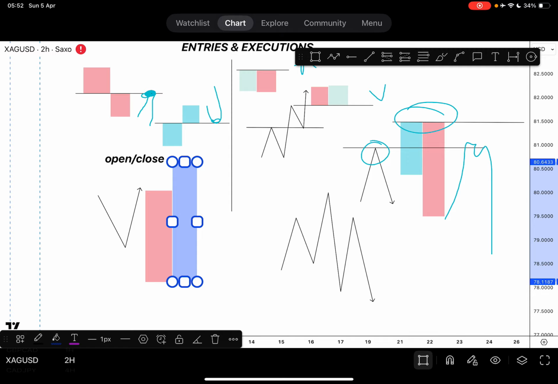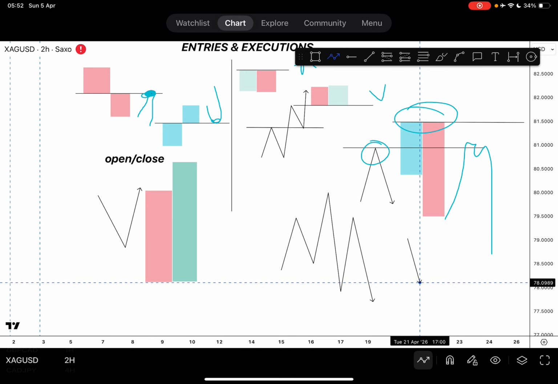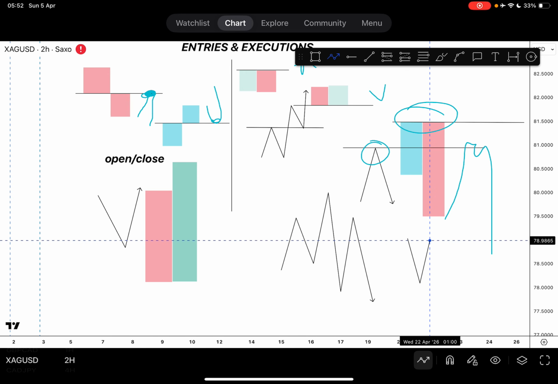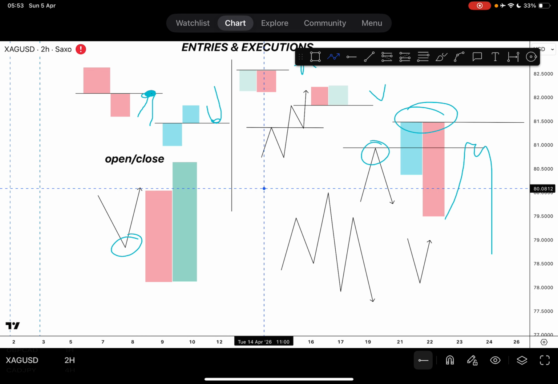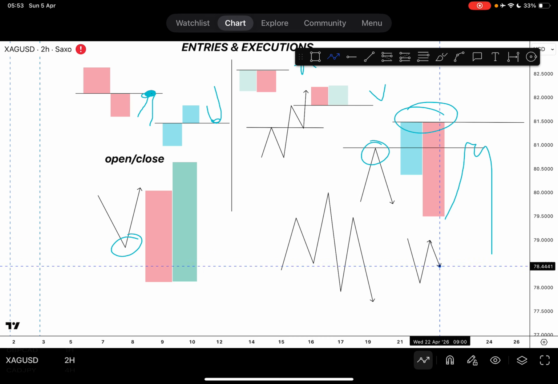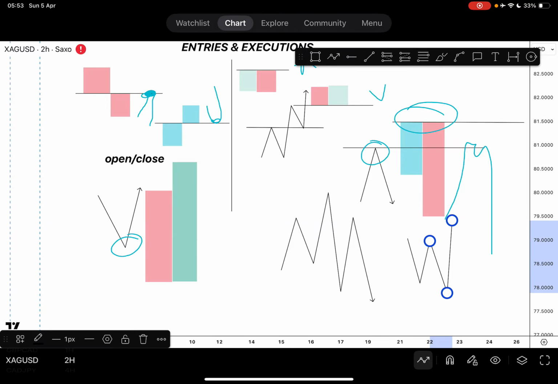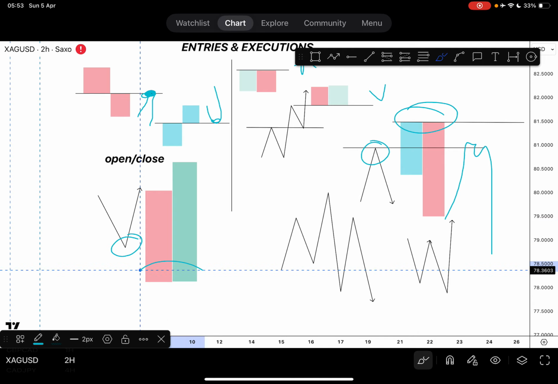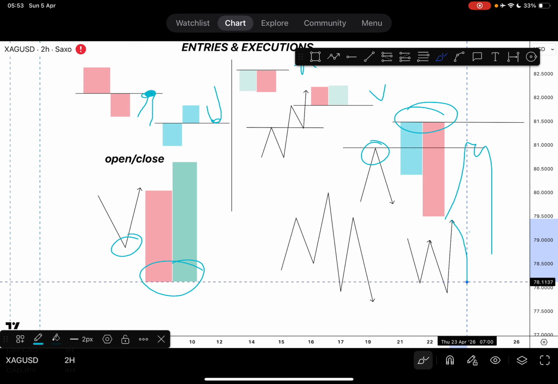So if you draw this out, that's the first V shape, and then the second one is just below it, something like this. So that second one is this, and then you want to come in here, at that first level, and buy from there.